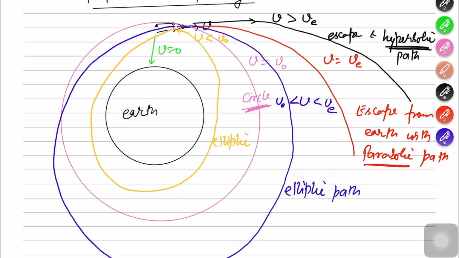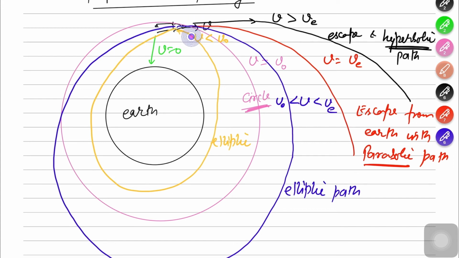Next, if the projected velocity is greater than the orbital velocity but less than the escape velocity, this blue one is the path in which the projectile or the satellite will follow an elliptic path, and it will revolve around the Earth in an elliptic path.